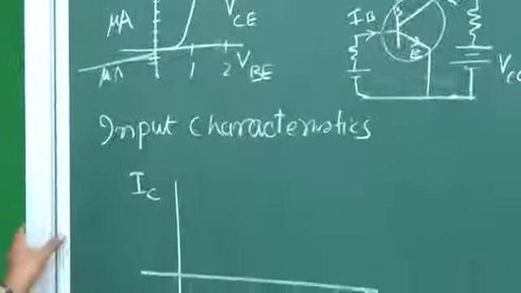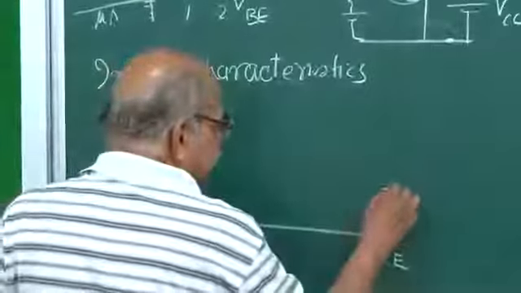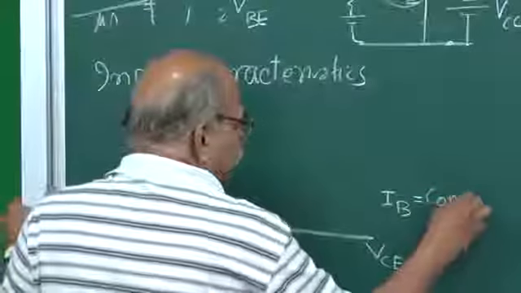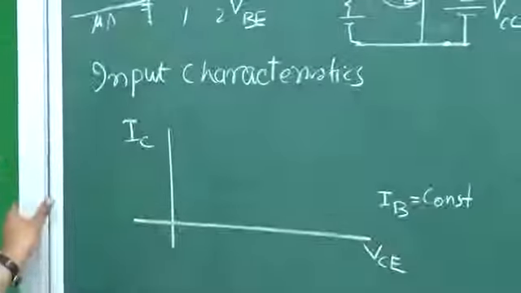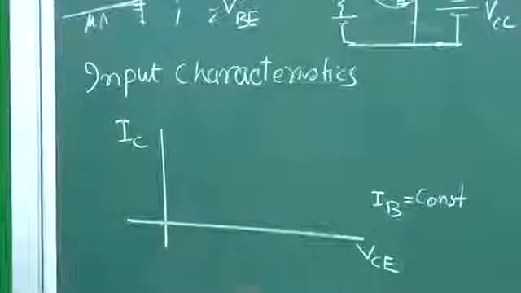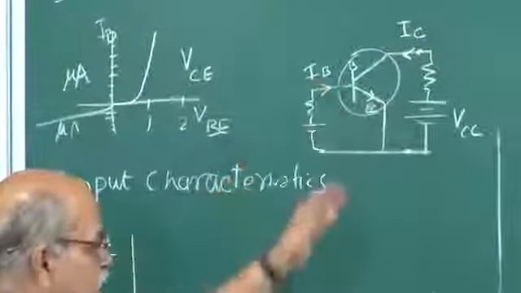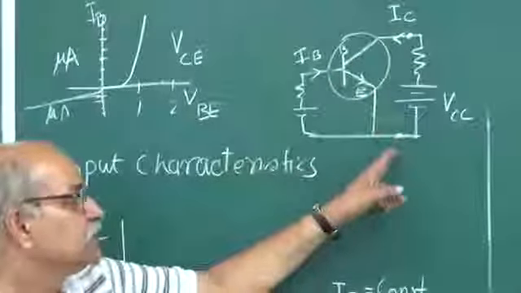In the output characteristic, IB is kept constant. For one particular curve, there will be one IB, and to keep this IB the same, we are now changing this VCE.